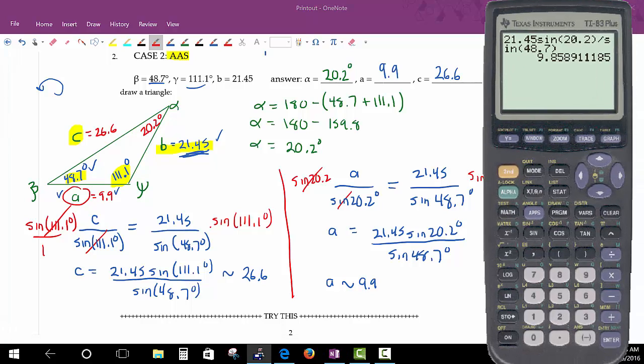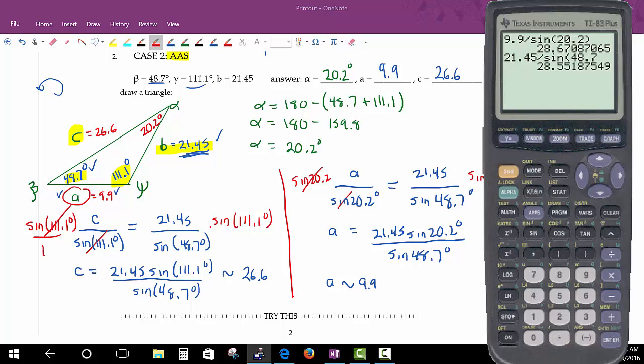Now let's very quickly check and verify that we're right. So pay attention to how I do this. Let's start with side A. Do 9.9 divided by the sine of the opposite angle, 20.2. Get the answer. Pick another side, say B: 21.45 divided by sine of its opposite angle, 48.7.